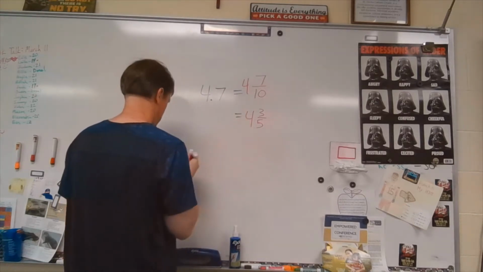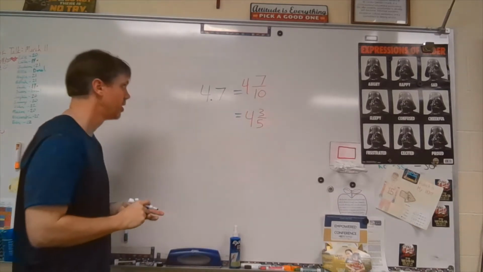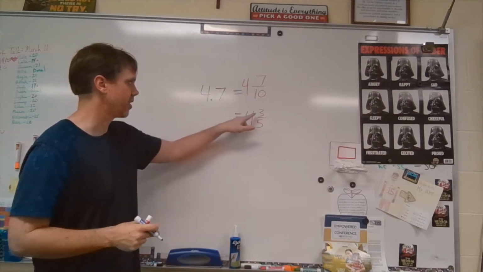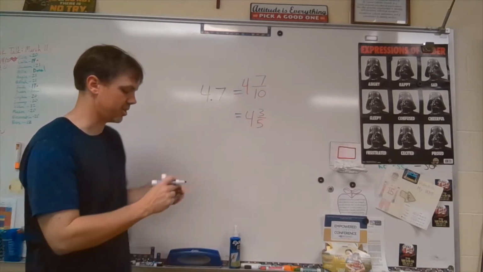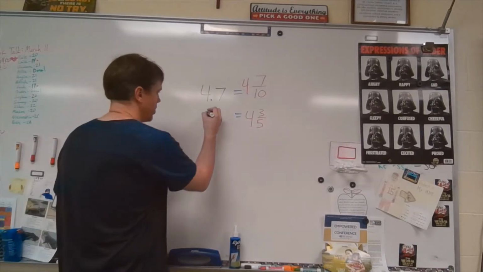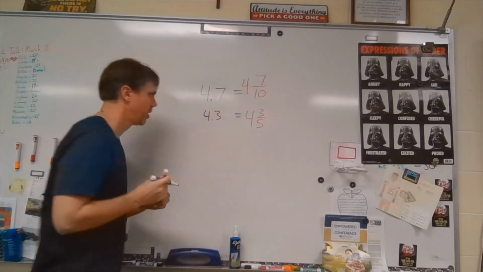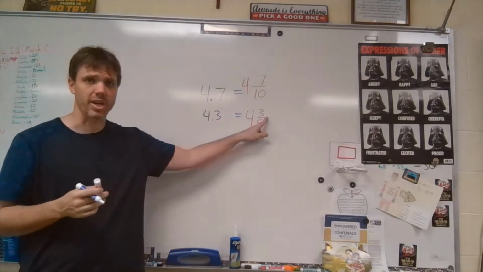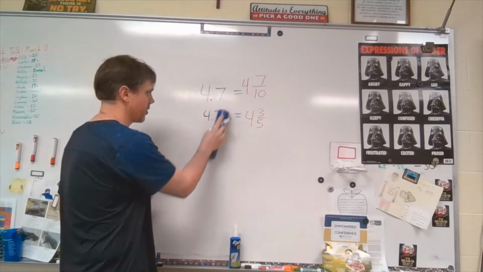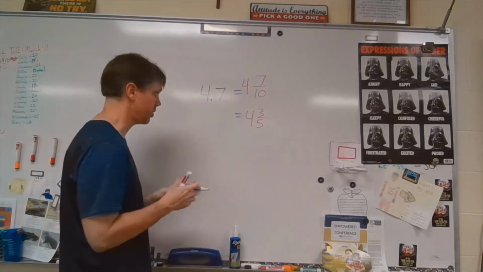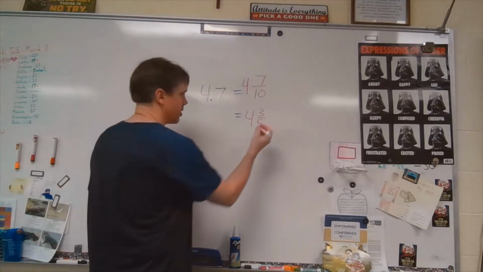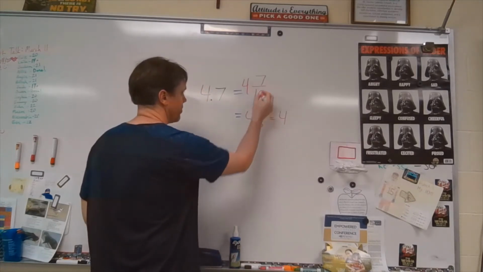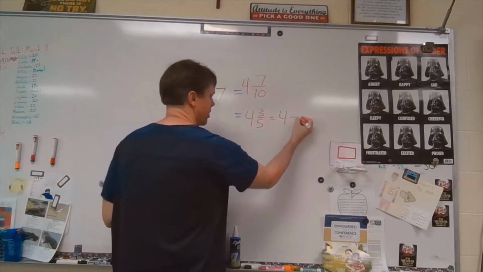And now notice here I just put the 7 over a fraction, right? So you might be tempted to think, oh, I could just use this and say that it is equal to 4.3. But this is 3/10 and this is 3/5, and those are not the same number. So we can't do that, that's not okay. What we could do in this case though is 4 and 3/5 is 4, and we can find a common denominator between fifths and tenths, which is tenths.